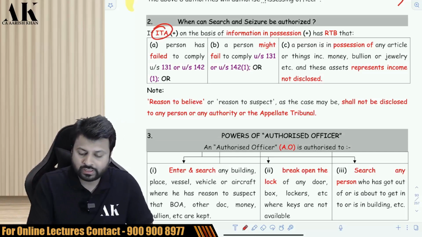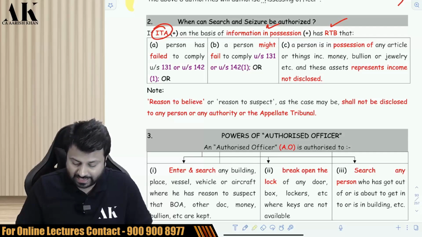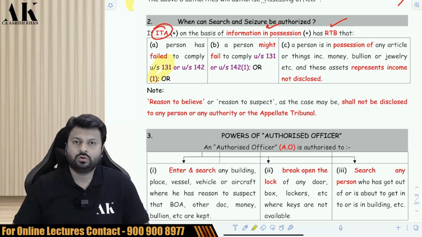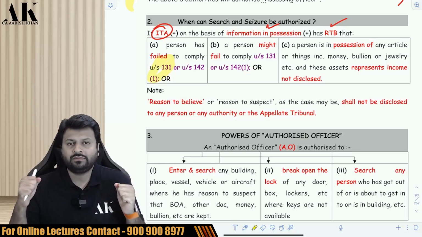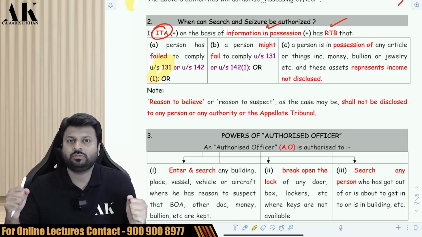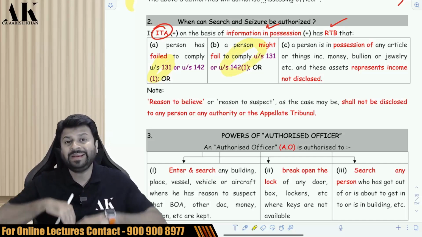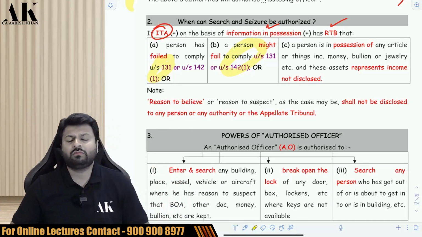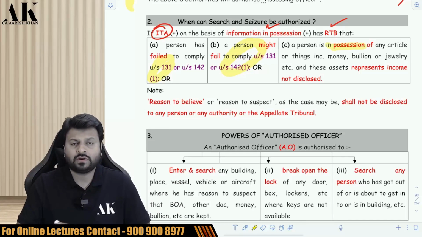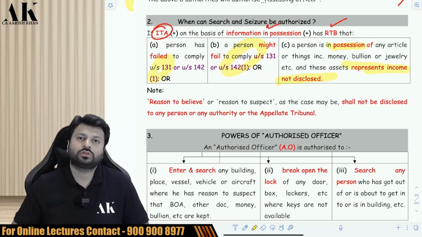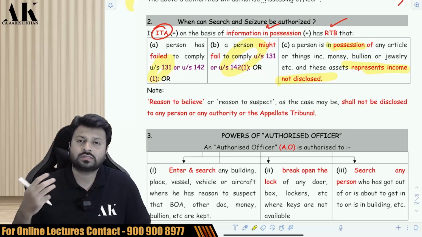If the income tax authority has information in their possession, and with the help of that information, they have reason to believe that the assessee has failed to comply with a section 131 summons or a section 142 notice, or the assessee might not comply with 131 or 142, or the assessee is found to be in possession of some bullion, jewelry, or valuable article which represents what? Undisclosed income. So, if any of the 3 points are happening, then the department has the power to issue what? The search and seizure warrant.